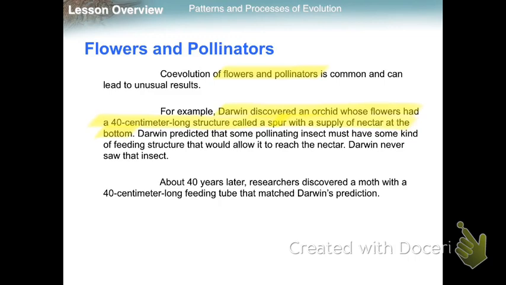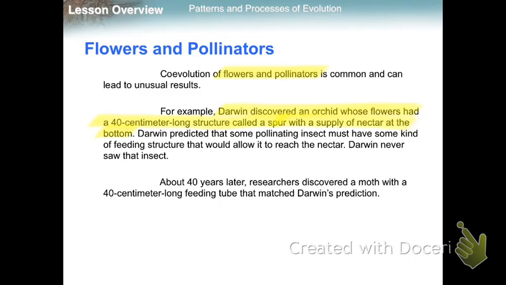Well, how in the world is an insect, a bird, with any normal looking insect or bird, how would you imagine that, with a 40-centimeter long flower, how would they get to the nectar at the bottom?